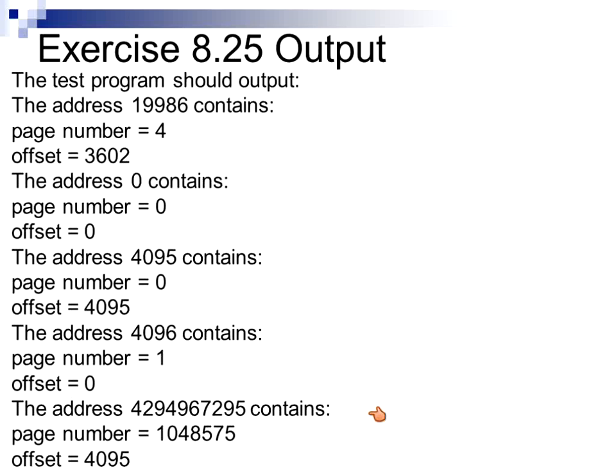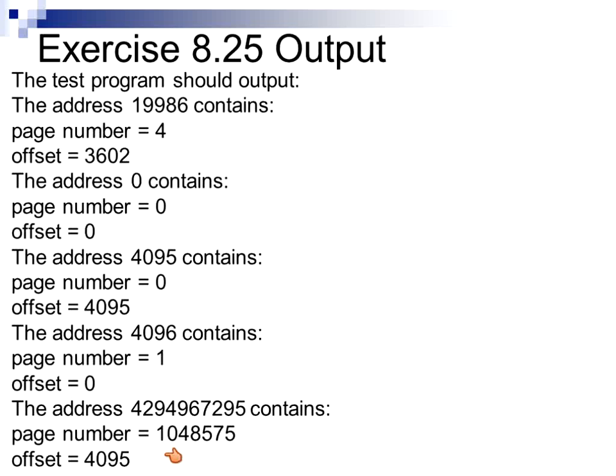And then if I go to the biggest unsigned integer I can have in 32 bits, I end up with a page number of 1,408,575 with an offset of 4,095, which is giving me the last byte in my physical address space.